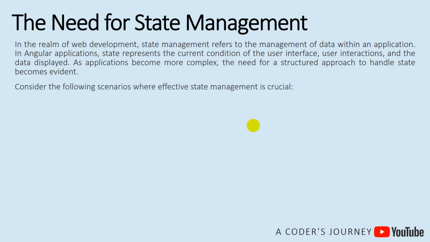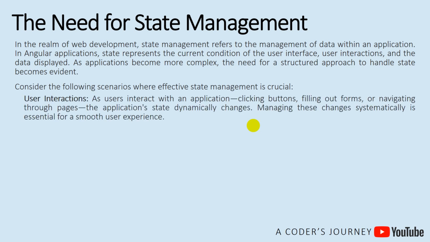Now, consider the following scenarios where effective state management is crucial in our web applications. First and foremost, user interaction. So, of course, users interact with our applications. They click on buttons. They select an option from a drop-down box. They click on a checkbox.